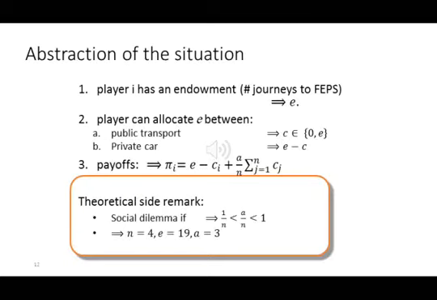As long as the return from the private account is greater than the marginal per capita return, which is also greater than 1 over the number of individuals in my society, this social dilemma exists. This is always the case in all experiments that use the public good game, by using parameters that guarantee this condition.